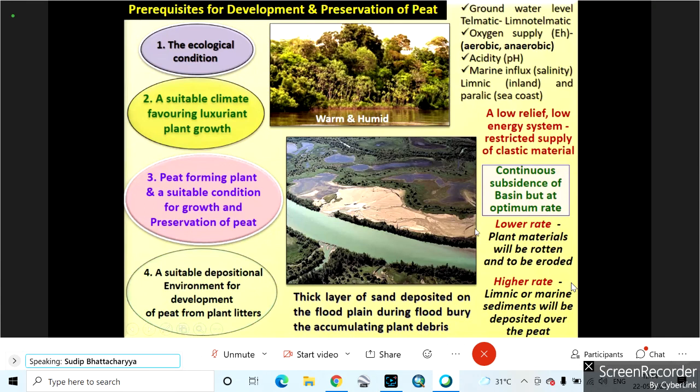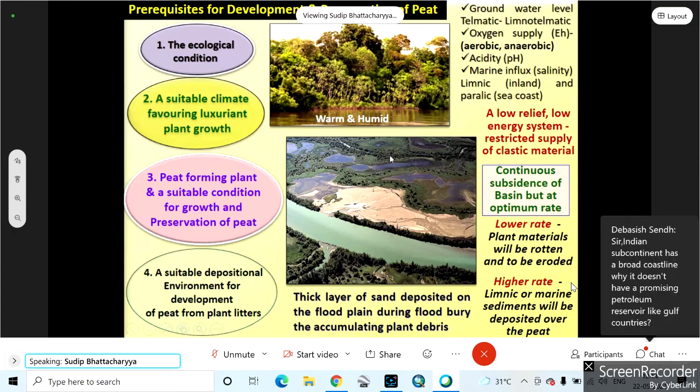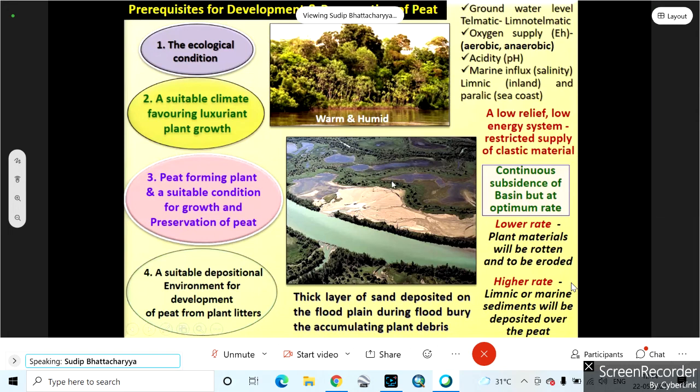If it gives a blanket over the vegetation in the interchannel deposit, we normally get coal, because the plant material will not come into an oxidized state, as it is covered by the sandstone blanket and goes under the water table. That is a common area where geologically we expect coal to be present.